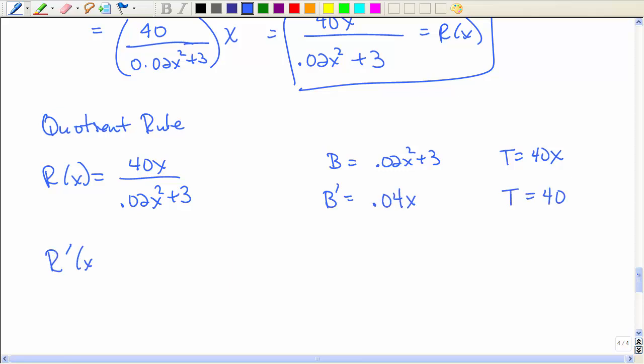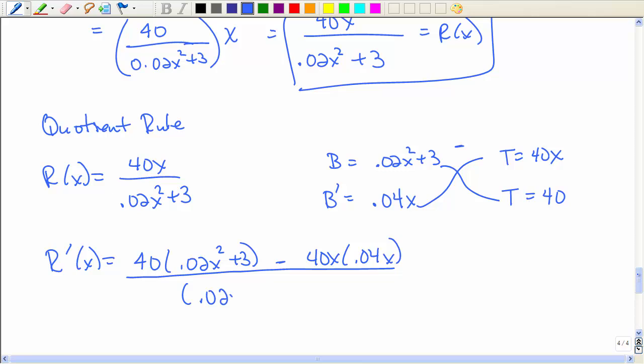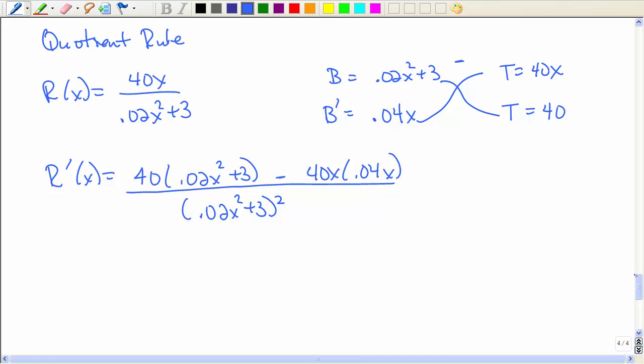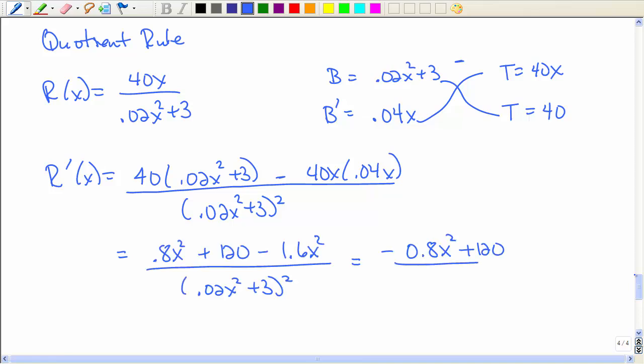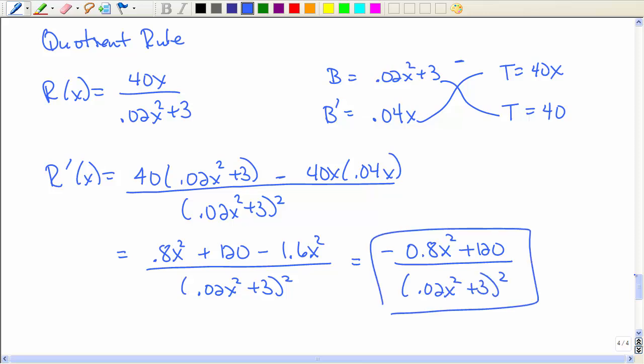In the quotient rule, we multiply those together, and then multiply those together, but we subtract that, and then we divide by the bottom squared. That's the quotient rule. The rest of this is just multiplying stuff out and collecting like terms. And that would be my marginal revenue function.